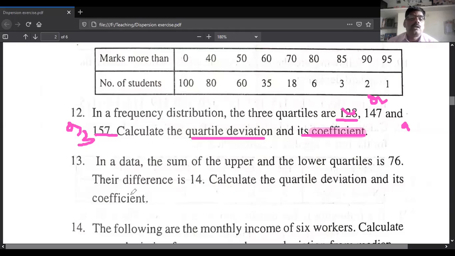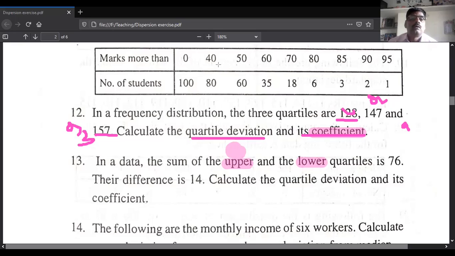Calculate quartile deviation and coefficient of quartile deviation. Sum of upper limit and lower limit means Q1 and Q3. Upper limit is Q3, this is Q1. Sum means total, so Q3 plus Q1 is 76. Difference is 14 means Q3 minus Q1.